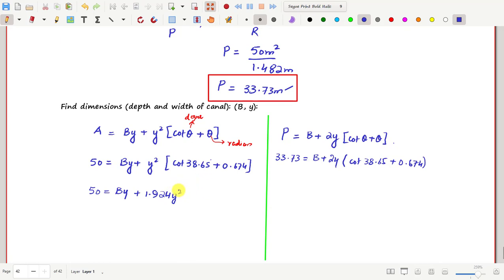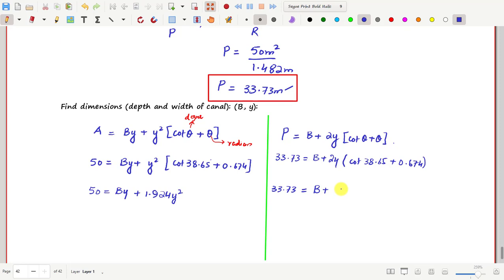Okay, and when you simplify this equation, you are going to get 33.73 is equal to b plus 2y into 1.92. Let me multiply this and I will just write down the last equation which I will get.